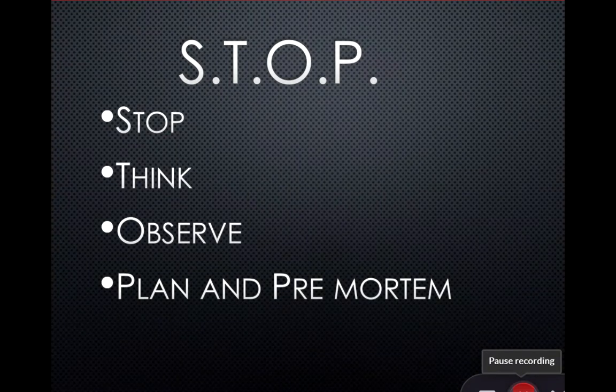Basically this allows us to take a timeout and formulate and communicate a plan before we enter avalanche terrain. So this is great when you've been skiing up, you're not in avalanche terrain, and moving forward means getting into avalanche terrain. You can use this acronym to help you make good decisions.